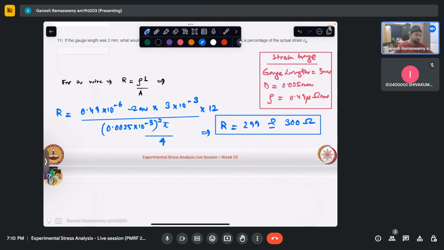This question is framed in such a way that you would require it to be 300 ohms, but I encourage you to check the calculations nonetheless.